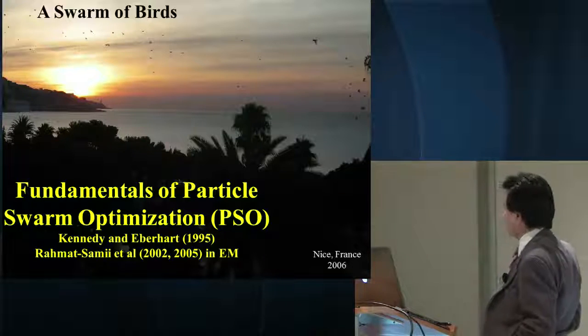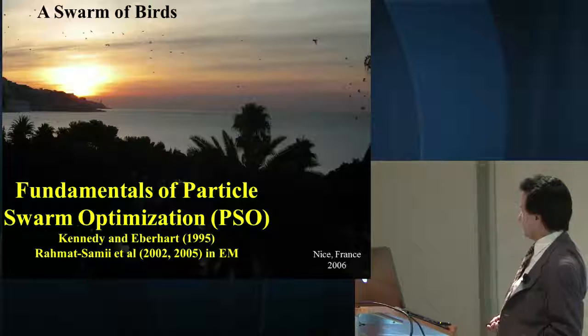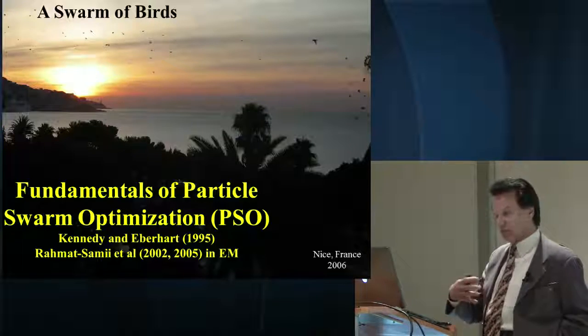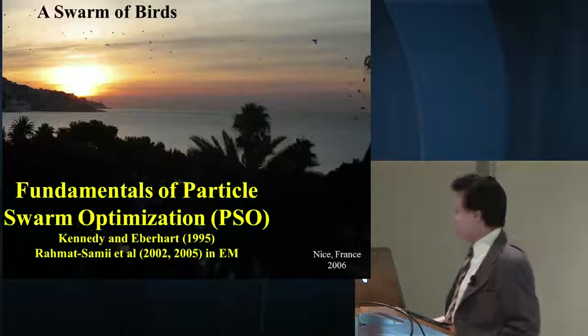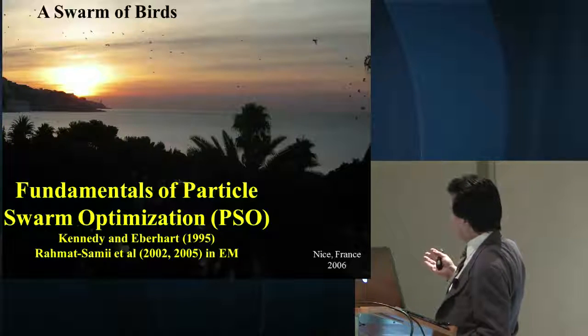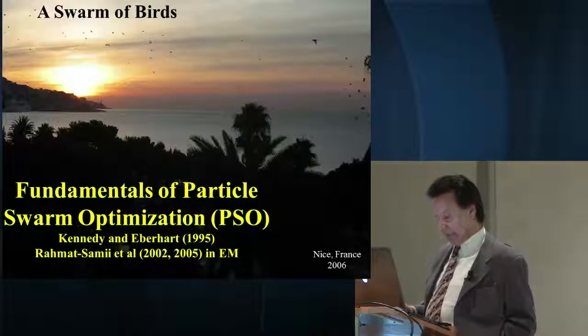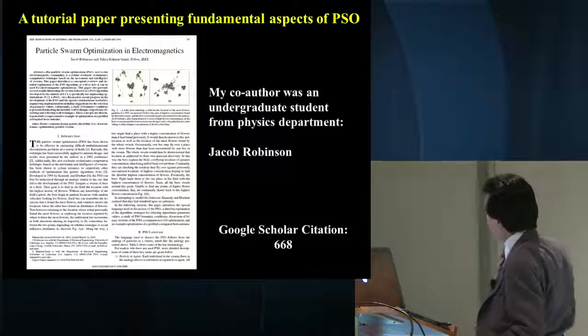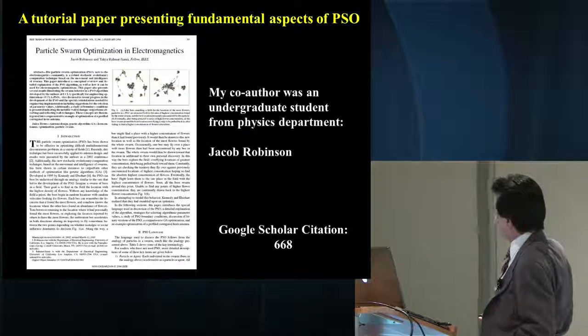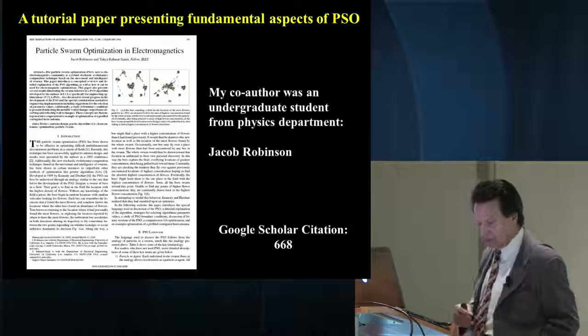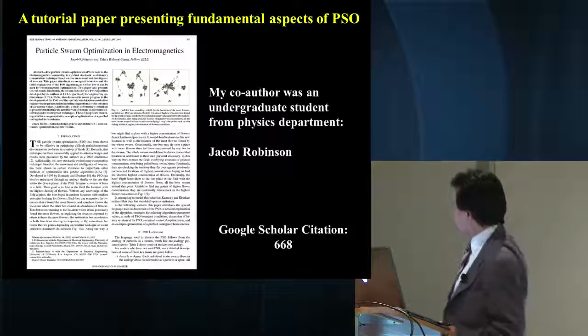The original concept was suggested by Kennedy and Eberhart in '95, and our group was the first one to apply it in electromagnetics. As a matter of fact, since then, a lot of people have gotten interested in this. We wrote a paper in 2004. It was a tutorial paper, if somebody is interested, in the IEEE Antennas and Propagation Transactions.